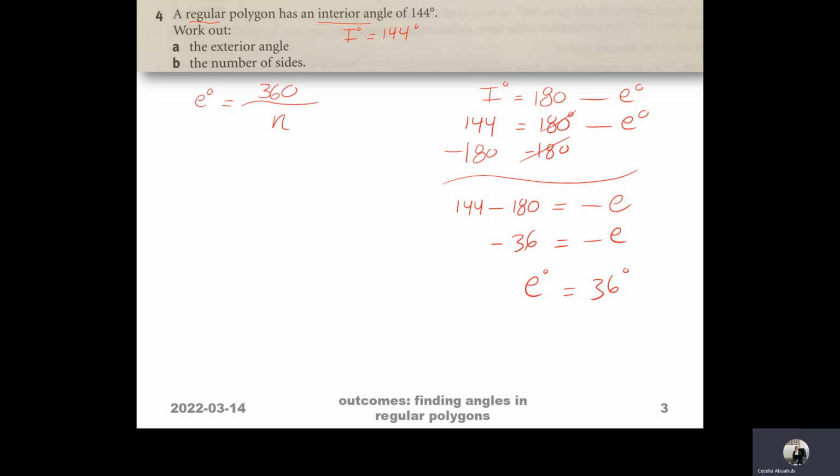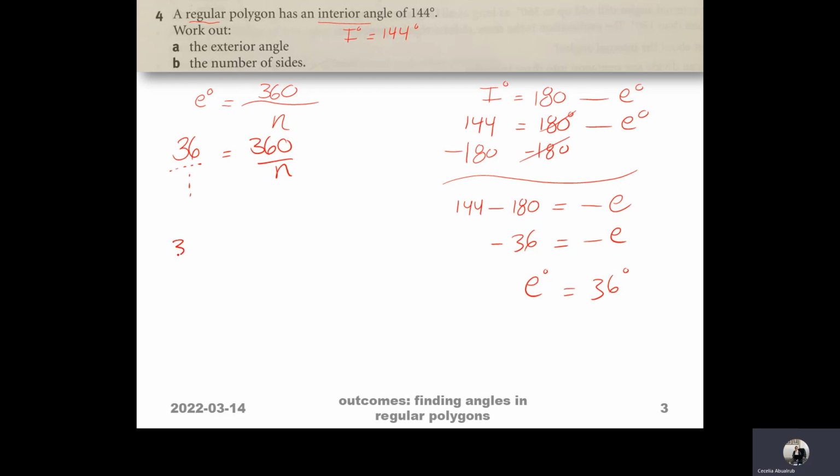That's the exterior angle. So we now substitute the exterior angle in this rule. 36 is equal to 360 over n.